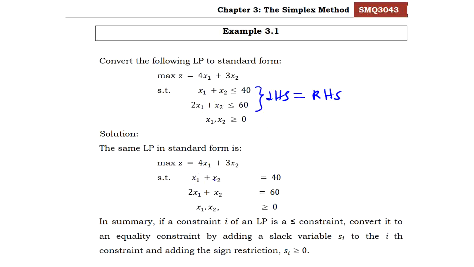So x1 plus x2 plus s1. 1 here because this is the first constraint. Then for the second constraint, 2x1 plus x2, because it's also less than or equal to, therefore we need plus s2.